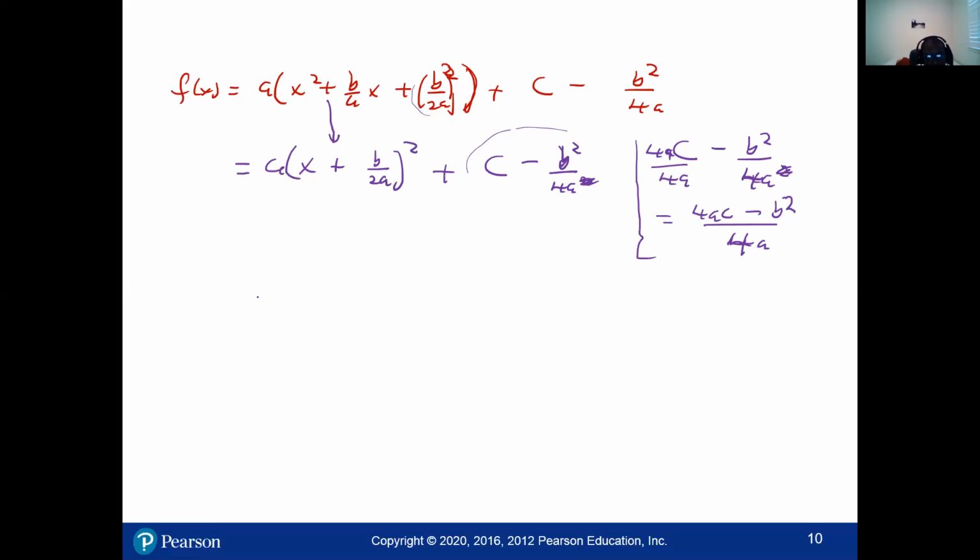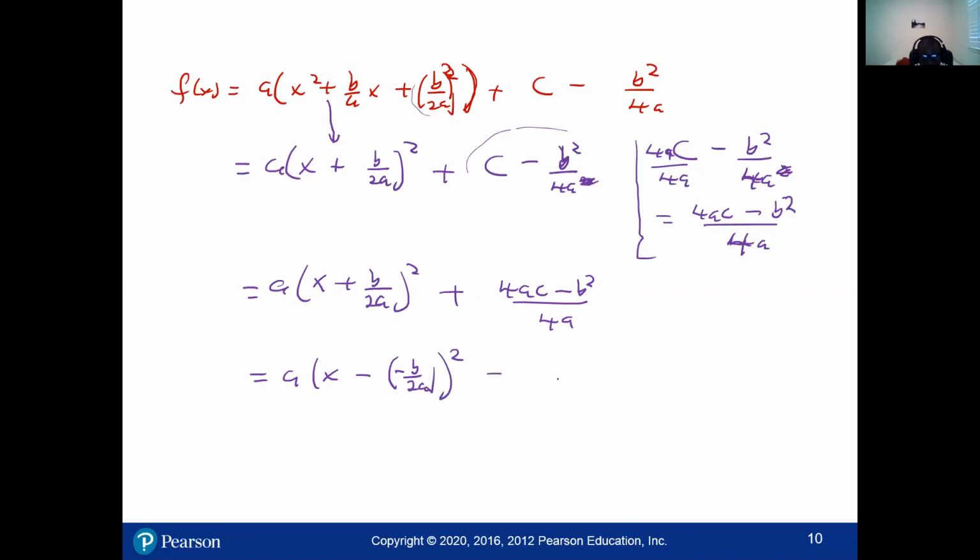So then if we factor this, it will be a times x plus b over 2a all squared, then plus 4ac minus b squared over 4a. Now we're going to write this in a certain form, a times x, and we're going to put minus, then minus b over 2a, then plus 4ac minus b squared over 4a.